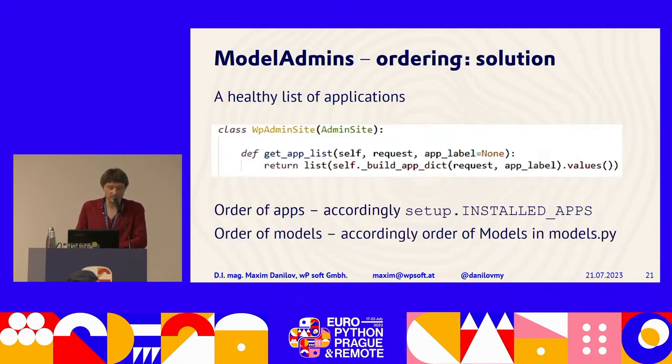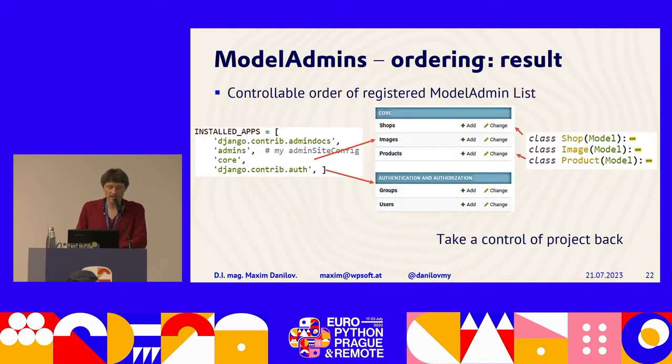I want to decide myself in which order it should come. And I can change it with only one line. I should override get_app_list from the admin site, from every admin site. I made it like a mixin. And after that, I can change the order of applications according to how I register my apps in settings.py. And after that, the order of model admins is exactly the same as how I define classes in models.